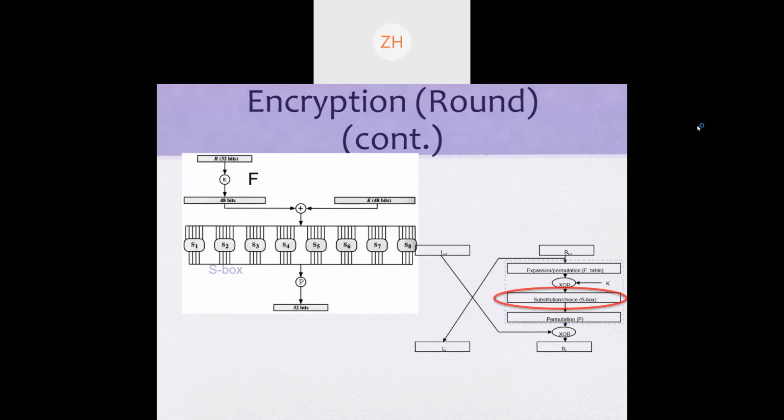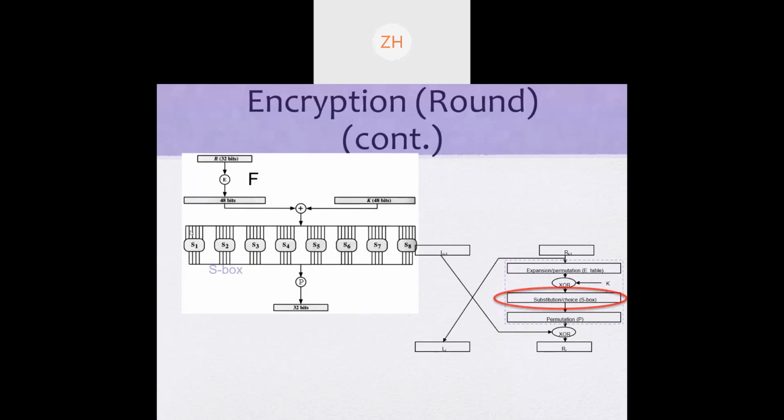So how many bits per group? 48 divided by 8. What do you get? 6, right? Okay, thank you. So the input to the S box will be 6 bits each.